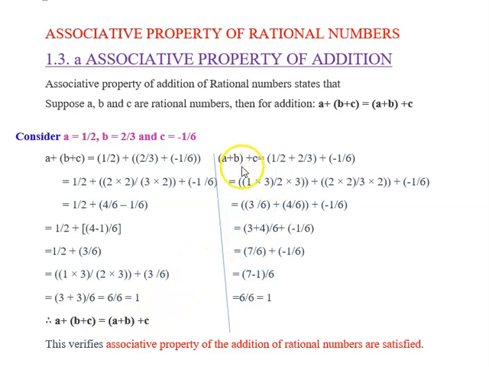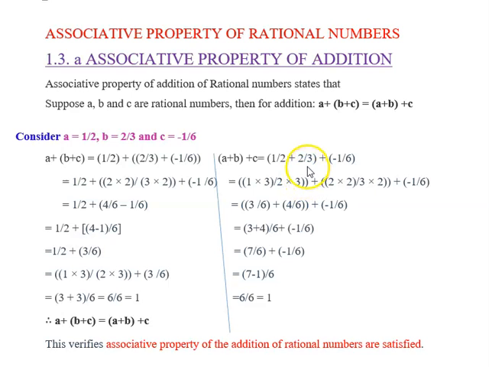Now we'll see our right hand side, that is (A + B) + C. So first we are adding A plus B, then we are adding it with C, that is minus 1 by 6. To make the common denominator, we are taking LCM for A and B. That is, we are multiplying A with 3 in the numerator and 3 in the denominator, so 1 times 3 divided by 2 times 3.